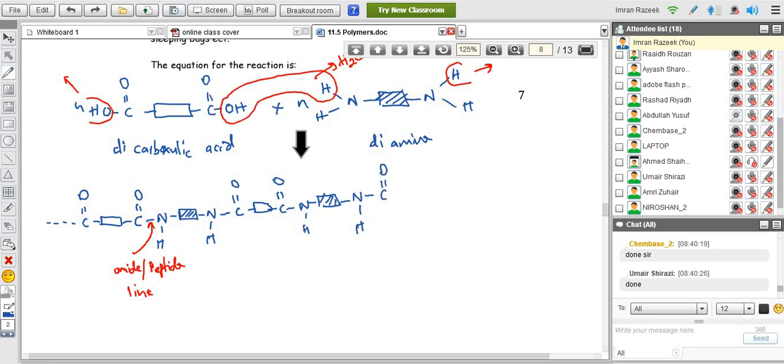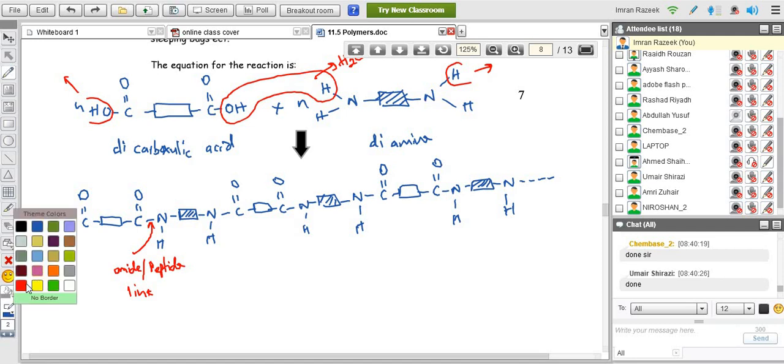You've got the dicarboxylic acid again, and then I'm going to stop with the diamine. So see how I end the diamine: H is removed from the amine group. That's how it ends at the other part. Now you can see many peptide or amide linkages.